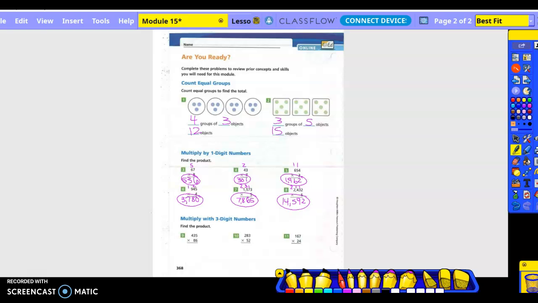So 6 times 5 is 30, put the 0, carry the 3. 6 times 3 is 18, plus 3 is 21, carry the 2. 6 times 4 is 24, plus 2 is 26, mark off my 2s, mark off my 6, and I'm now moving into what place value? The 10, so I have to put a 0 to hold my spot.